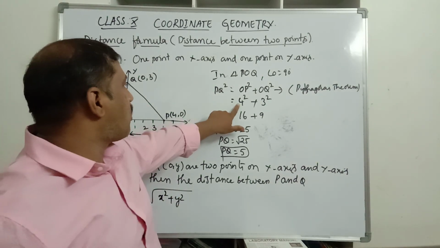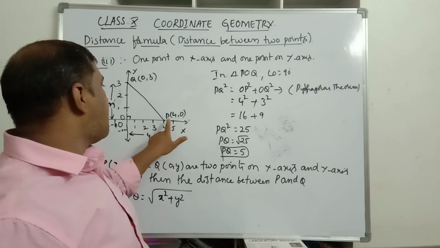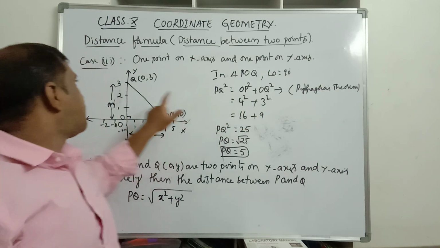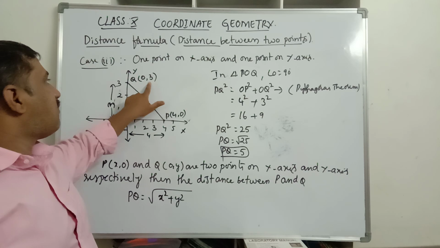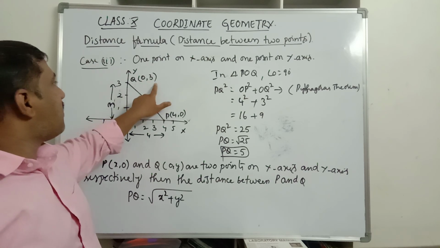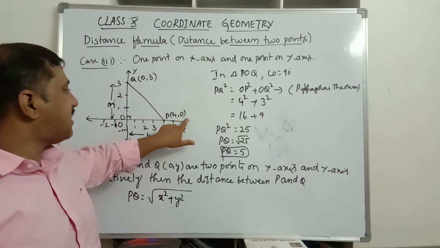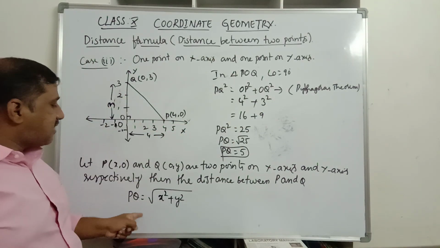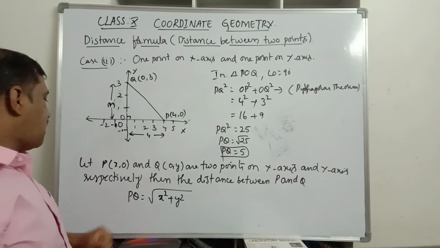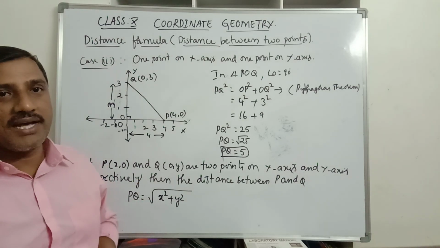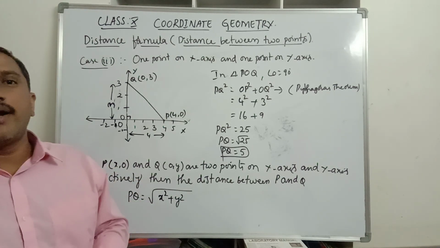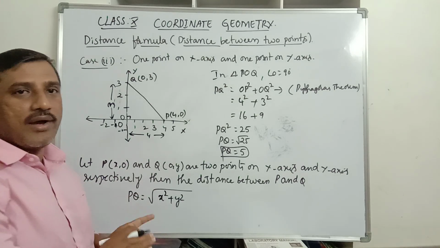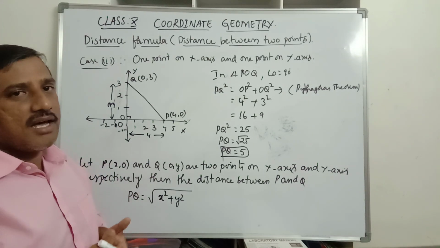What is here? It is 4. 4 is nothing but the x coordinate of point P and 3 is nothing but the y coordinate of point Q. If it is 0 comma y and this is x comma 0, we get x square plus y square. So we will find this distance by using this formula. PQ is equal to the square root of x square plus y square, if one point is on the x-axis and the other is on the y-axis.